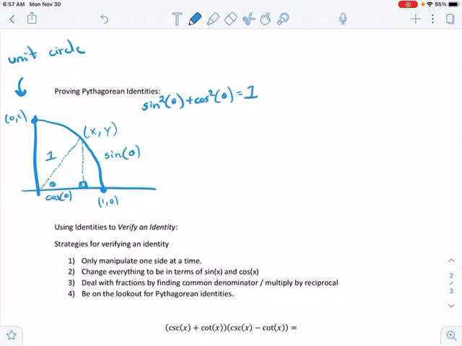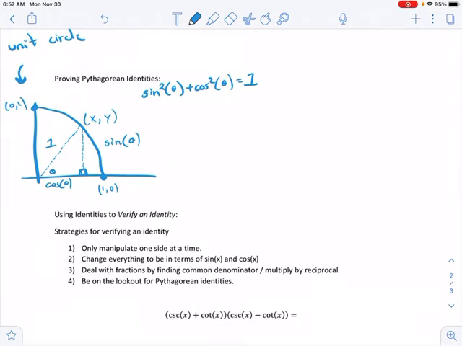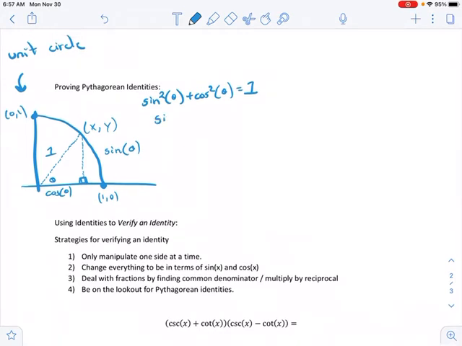And it's important to know that we might see it in this form, but obviously we can manipulate this to a variety of different things. So I should be able to recognize that sine squared theta minus 1 is going to equal negative cosine squared theta, right? I'm just subtracting the 1 and subtracting cosine squared theta from both sides.